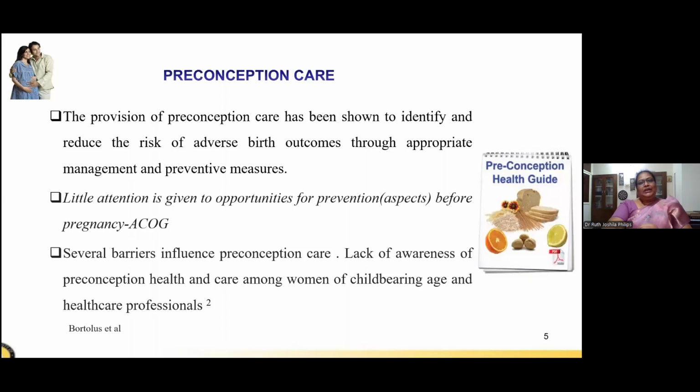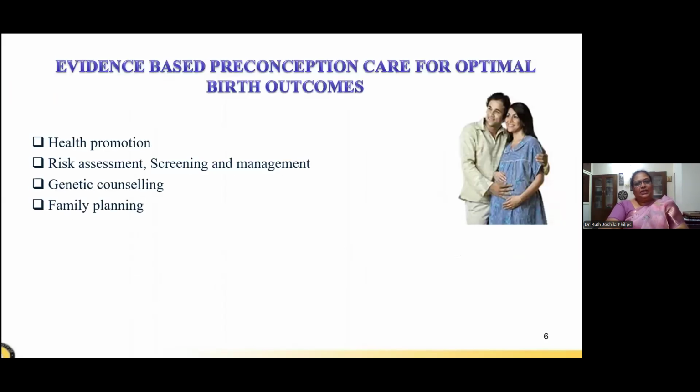Of course, many educated people nowadays, especially residing in urban areas, are now aware of this. But a lot of women coming from rural and semi-rural, semi-urban areas still lack information about these things. So that is where we are losing in targeting them to access preconceptional care.